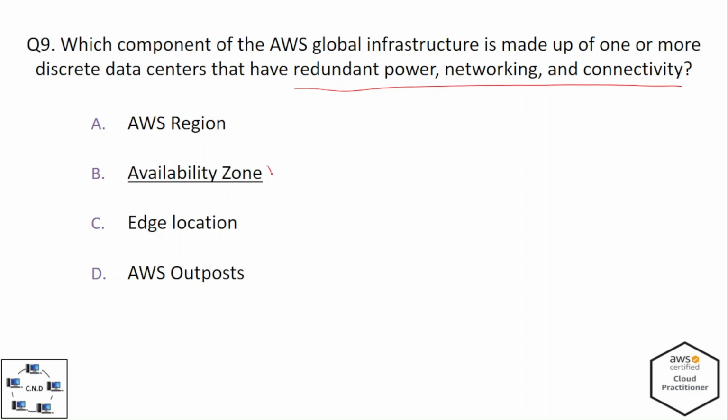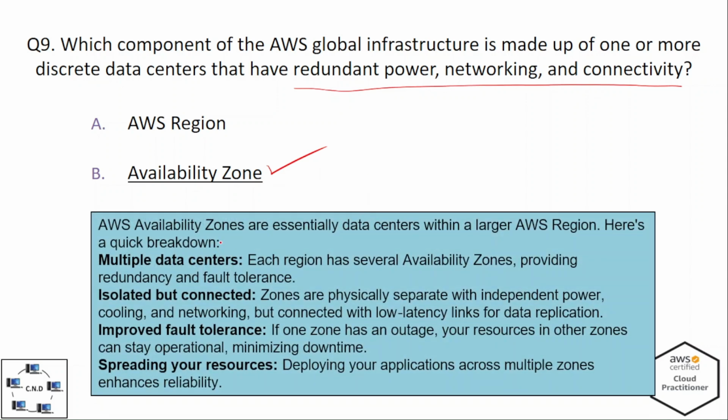B, availability zone. So what is the AWS availability zone? AWS availability zones are essentially data centers within a large AWS region. Here is a quick breakdown. So region is a large concept. Inside a region there are multiple availability zones. And what are these? It consists of multiple data centers. Each region has several availability zones providing redundancy and fault tolerance.